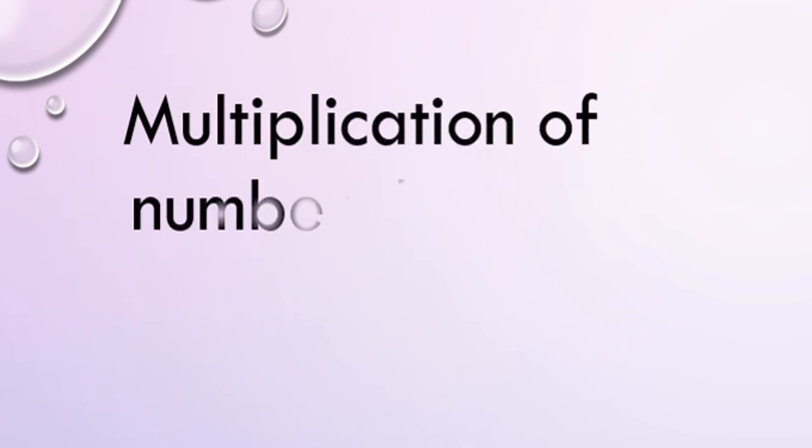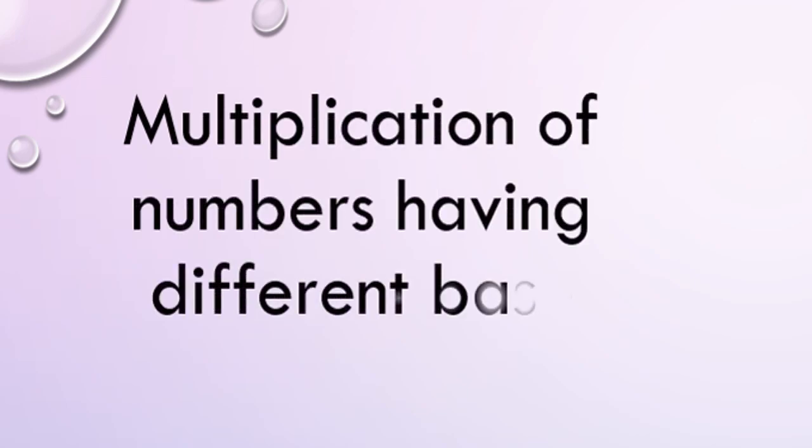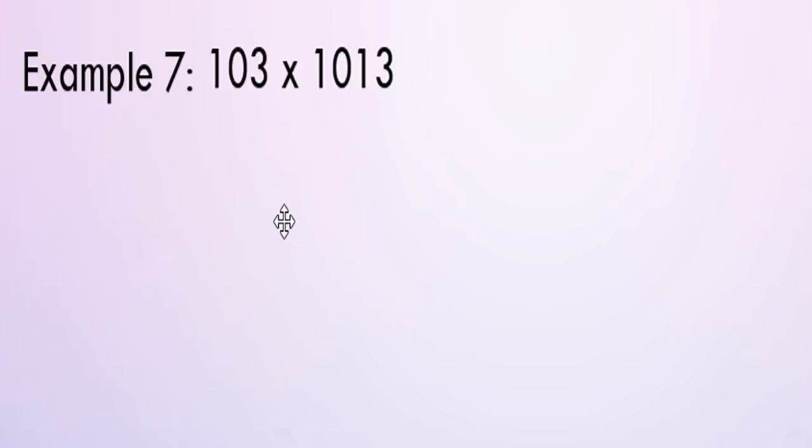Now let's move towards the next subtopic, which is multiplication of numbers having different bases. Okay. Let us get started. We will illustrate this method by the following example. We will take 103 and 1013 and write them in Vedic style as.